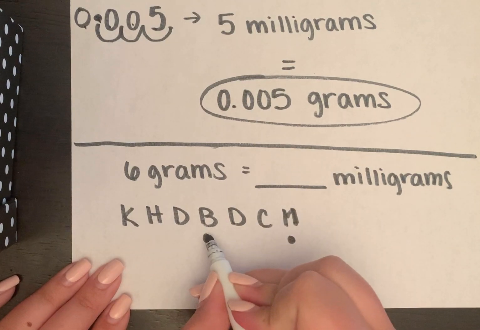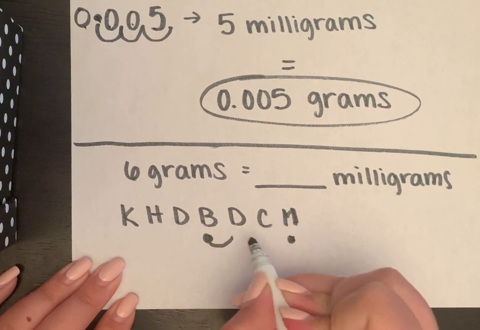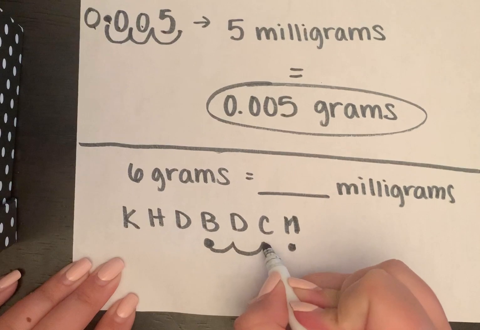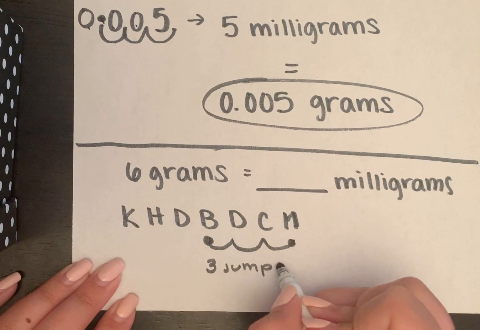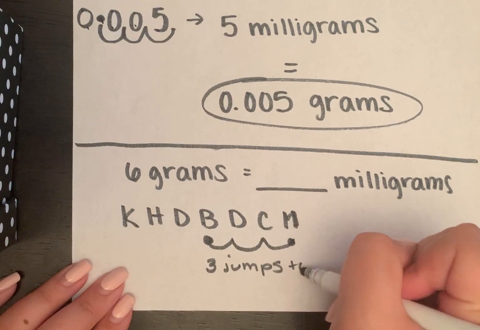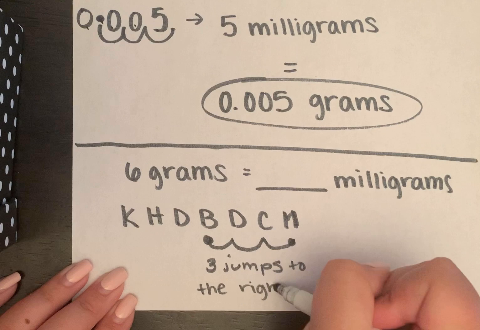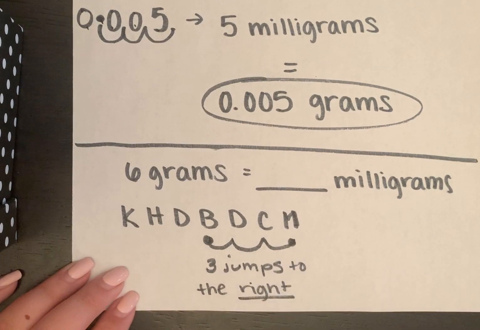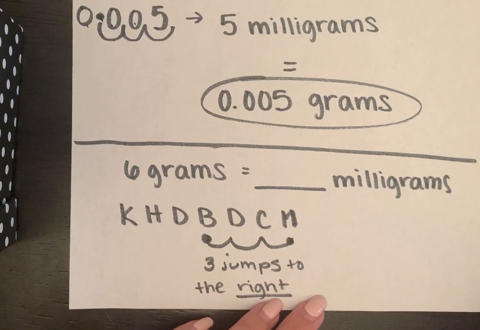So I'm going from my base unit to my milligrams, so I'm jumping 1, 2, 3 jumps. But in this case, I'm moving to the right, which means my decimal point also moves 3 spaces to the right.